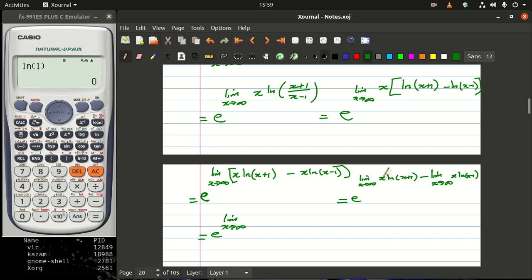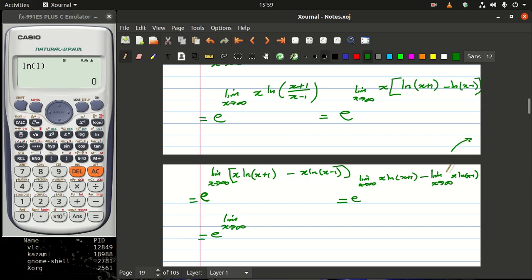I want this one, if I'm plugging in infinity now, I can say I'll get infinity, and then if I'm plugging in here infinity, I know that I will get infinity, and then ln of infinity, we know that this function is increasing, so if x is infinite, then y will be infinite, so this is going to be infinity, and then this one is going to be infinity. So infinity times infinity, we know is infinity. So I will have infinity minus infinity.